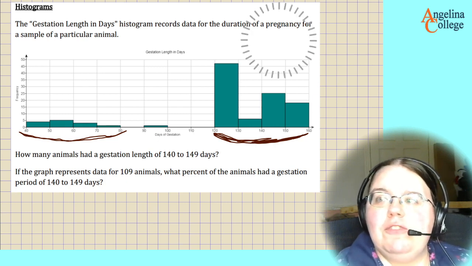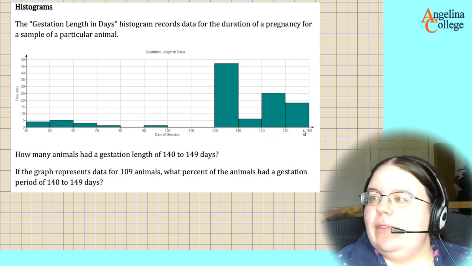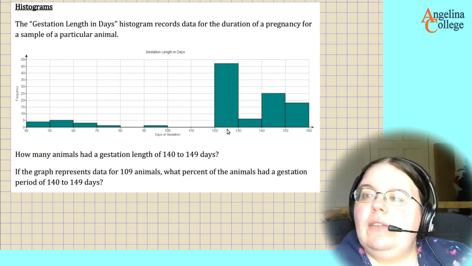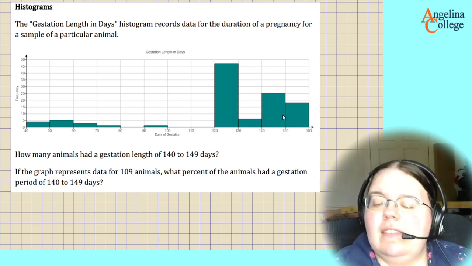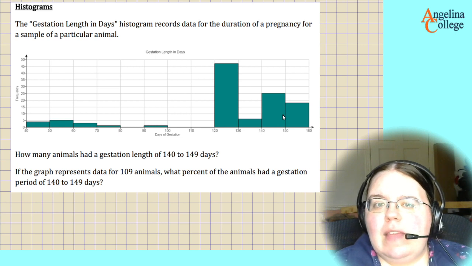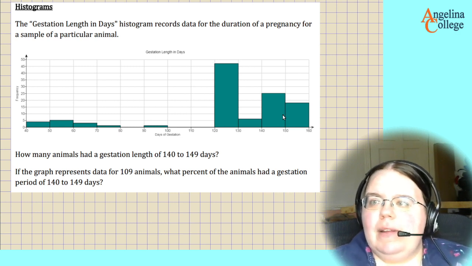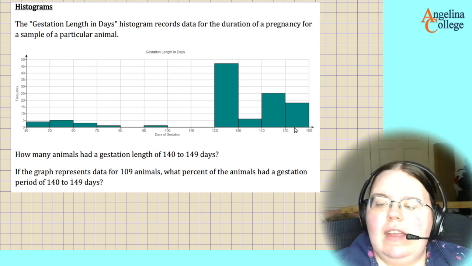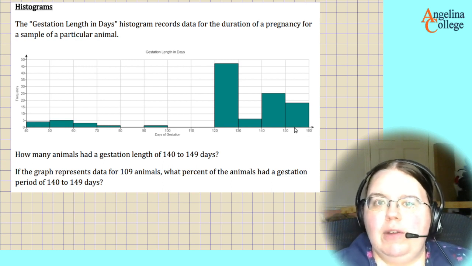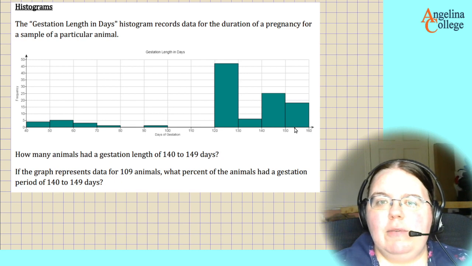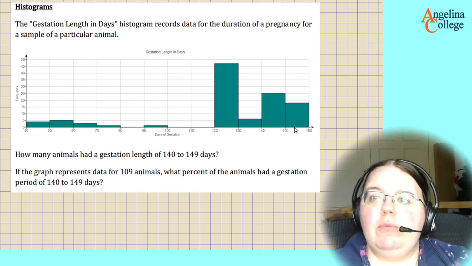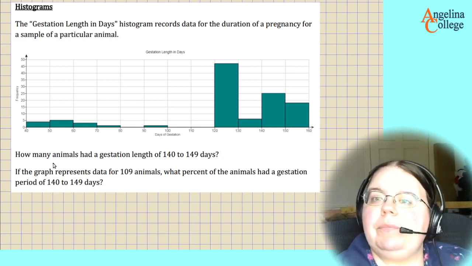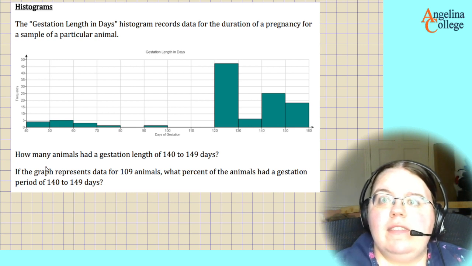But again, I'm not sure what species this is, so I don't know for sure. But it looks like most pregnancies, and I would assume that that means in general the healthy ones, run between 120 and 160 days in this species. So that would probably be a starting point if you want to try to research and find out what species this might be.